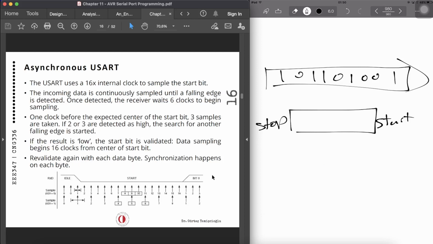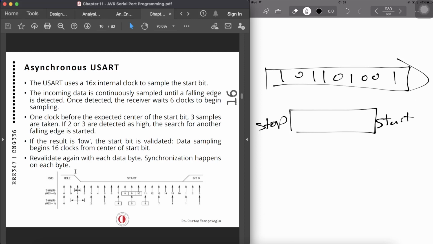Now, when we consider the asynchronous USART, there are 16 internal clocks to sample the start bit. This is something important. What we need to take care of is that the incoming data is continuously sampled, and we just look for whether a falling edge is detected.